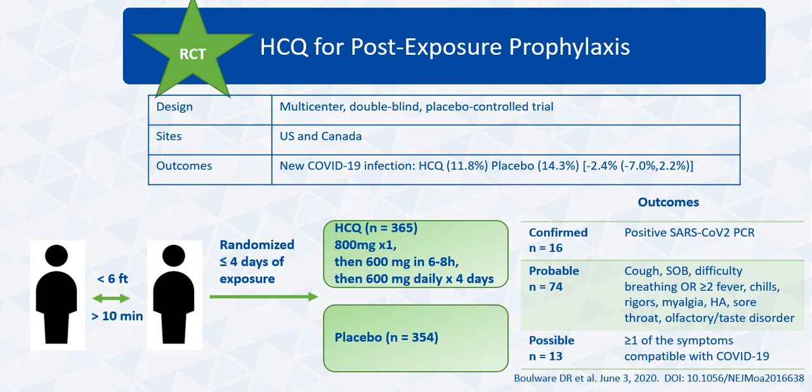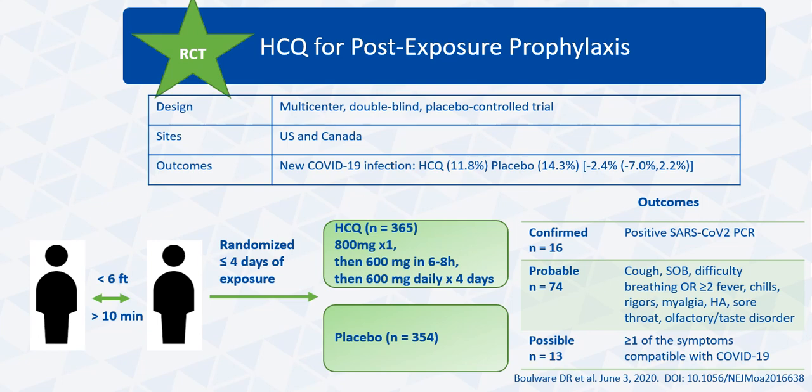This was a multi-center, double-blind, placebo-controlled trial, and enrolled in the US and in sites in Canada. The primary outcome was to look at new COVID infections between patients who received hydroxychloroquine or placebo. And as you can see here, the bottom line is that while there were slightly fewer infections in the hydroxychloroquine arm, the difference was not statistically significant.